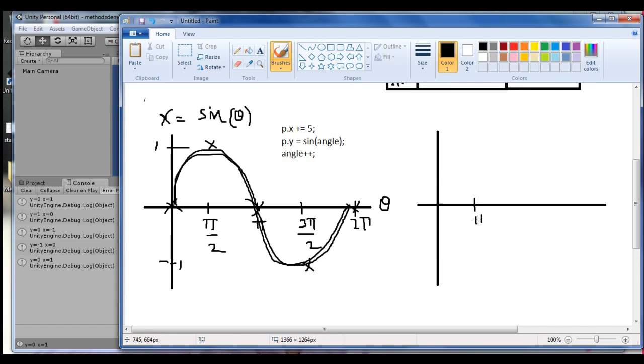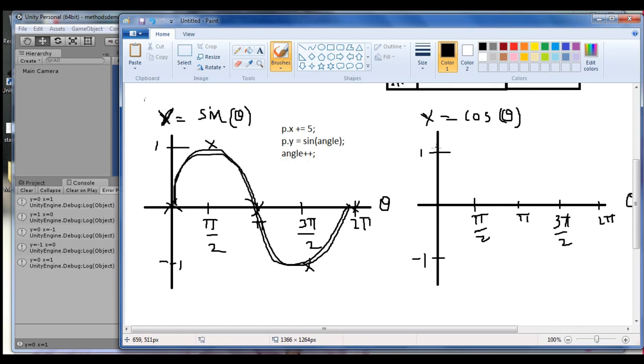We will be having pi by 2, and this place is pi, and here 3 pi by 2, and here 2 pi, and here it is 1, here it is negative 1. And this is theta, and this one will be y and not x.